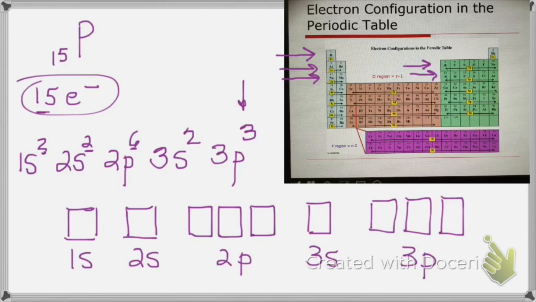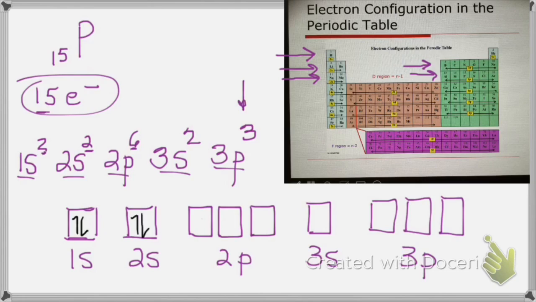To show the orbital diagram, I'm going to draw a box. For s shape, I always have 1 box. So 1s, 2s, then the 2p's. I have 3 of those. 3s, 1 box, 3p. So I'm showing the same order that it's filling in, but instead of putting superscripts, I'm going to put up and down arrows to represent the 2 electrons. So 1, 2, that's the same thing as 1s2, 2s2.